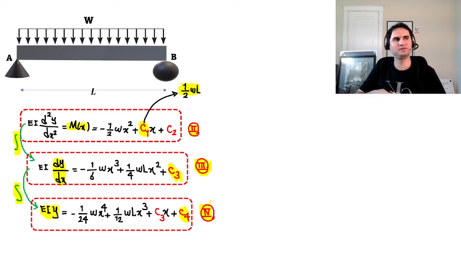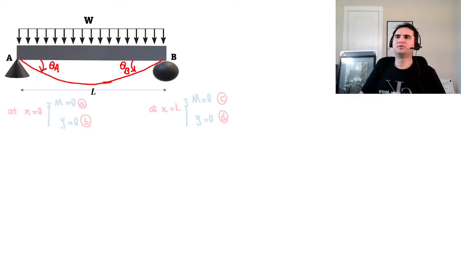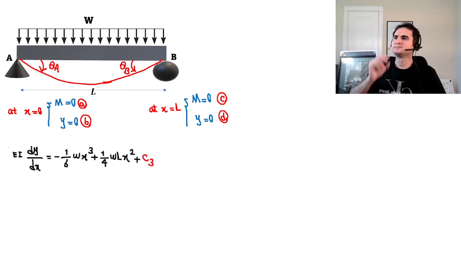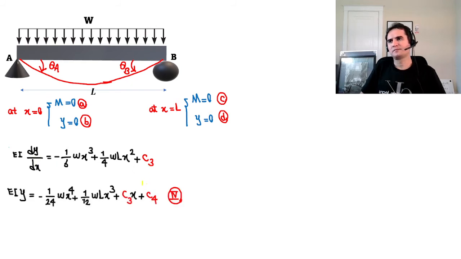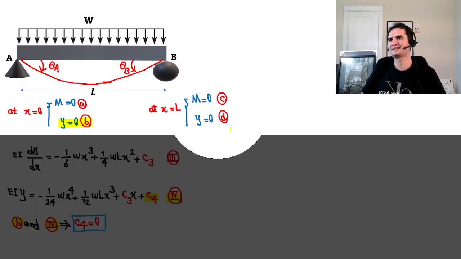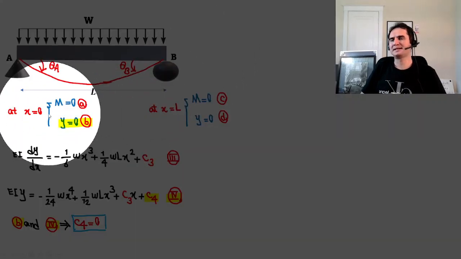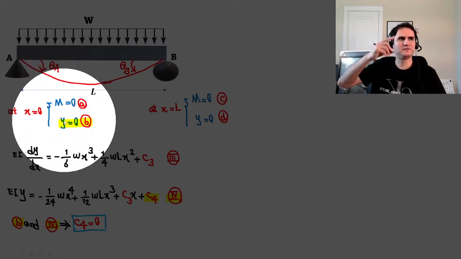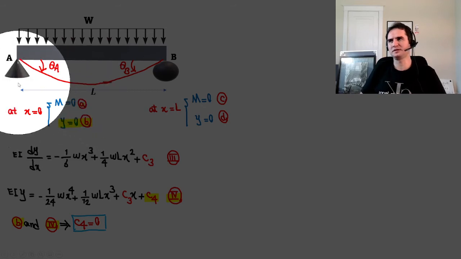So let's go to the boundary conditions again to see how to calculate C3 and C4. In the equations of theta and delta, this time B and 4. B says at x equal to 0, y is equal to 0. There is no vertical movement because of the support.